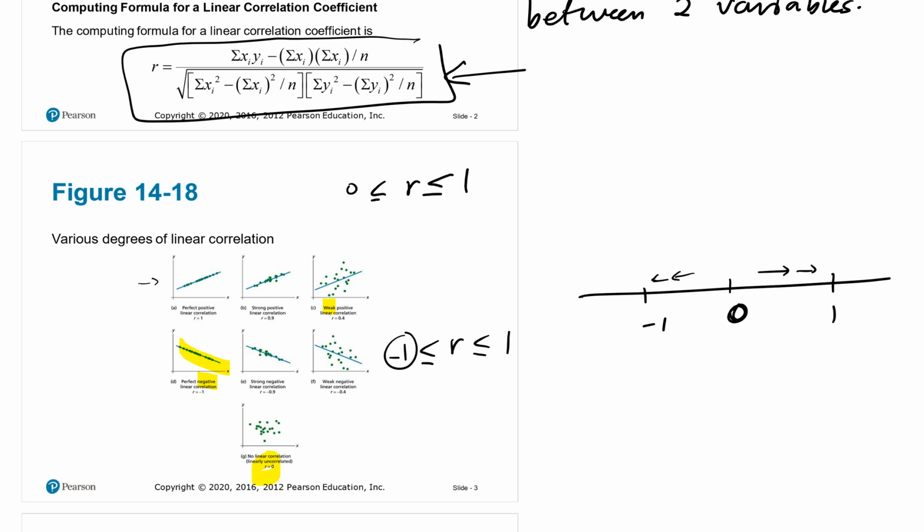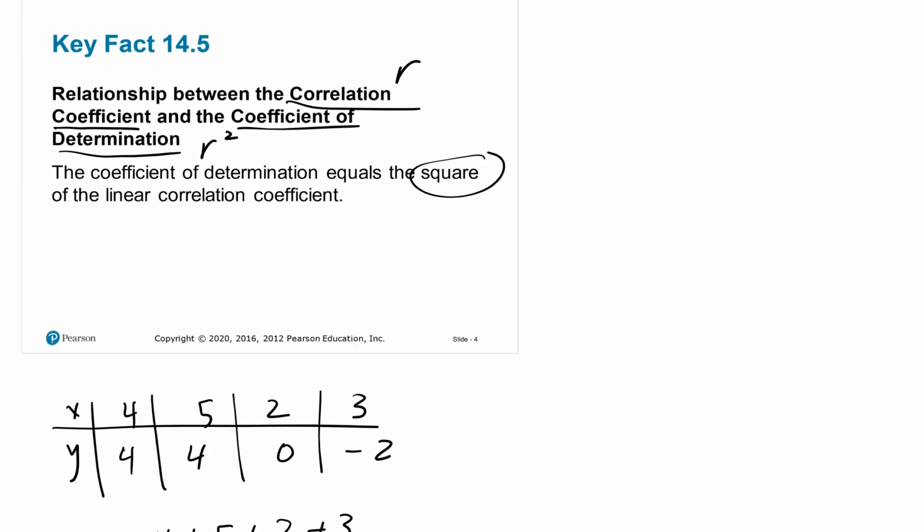Then you can calculate the R value by simply substituting the values. The one thing I just noticed here is that this should be yi, not xi. So it's the sum of xi times the sum of yi, all divided by n. I just fixed that formula there.